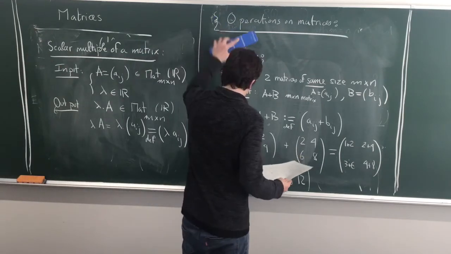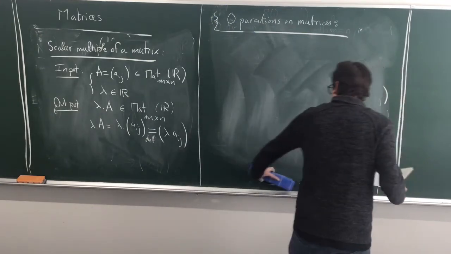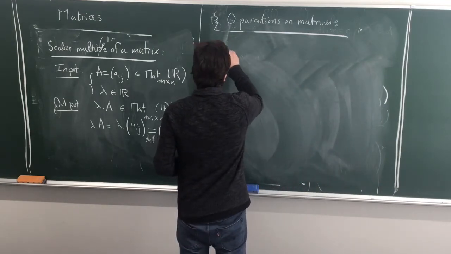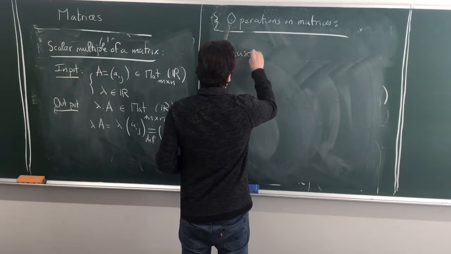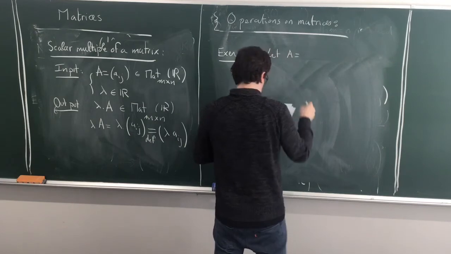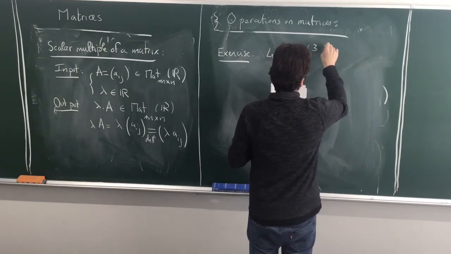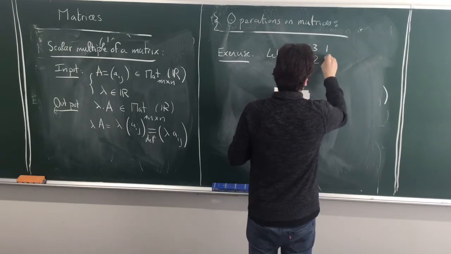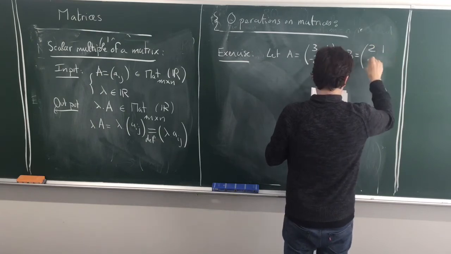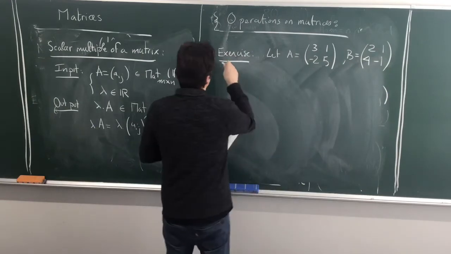Some exercise for you. Okay, so if we consider the 2 by 2 matrix A with entries 3, 1, minus 2, 5, and B, 2, 1, 4, minus 1. Okay, we can consider this.